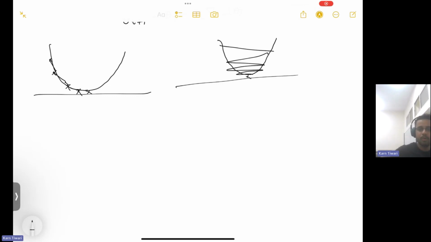Neither do we want slow convergence, moving very slowly towards the minima, nor do I want to move very fast towards the minima, otherwise there is oscillation that I don't want. So there lies a sweet spot of taking an optimal eta so that I reach the minima in minimum time as well, and I don't oscillate so much.